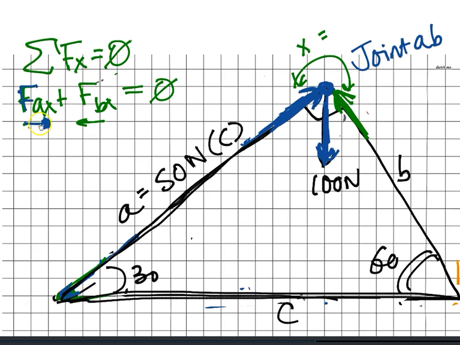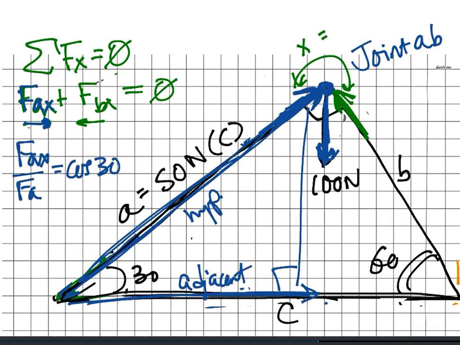I drew this one in blue, which is why I'm changing this color to blue, just to keep it straight. Okay, now if we redraw our A vector, we know that FAX is what we care about. Earlier we calculated FAY, so we need to calculate FAX from FA so that we can figure out what FBX is, and then what B is.